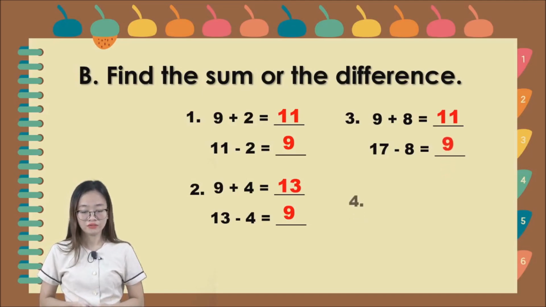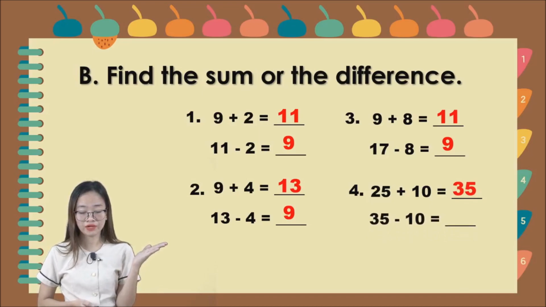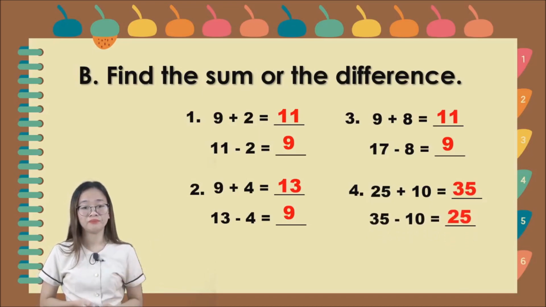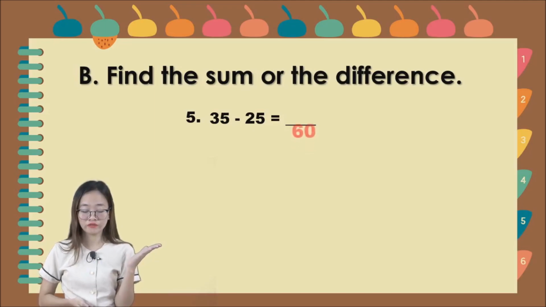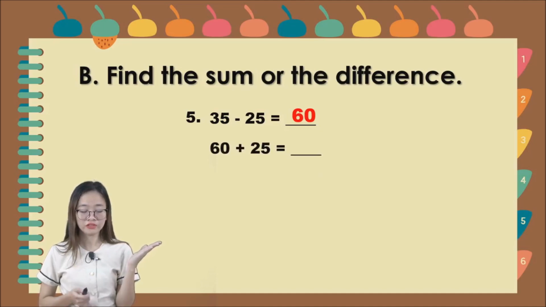Okay, we have number 4. 25 plus 10 is equal to 35. And 35 minus 10 is equal to 25. Okay, number 5. So, 35 plus 25 is equal to 60.